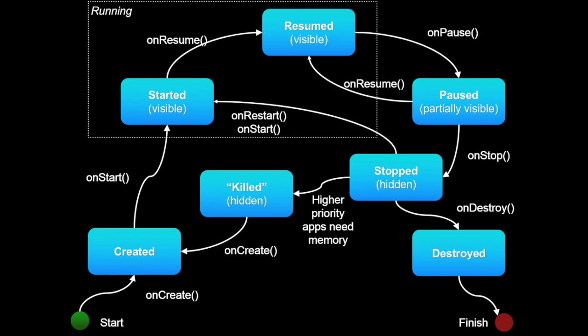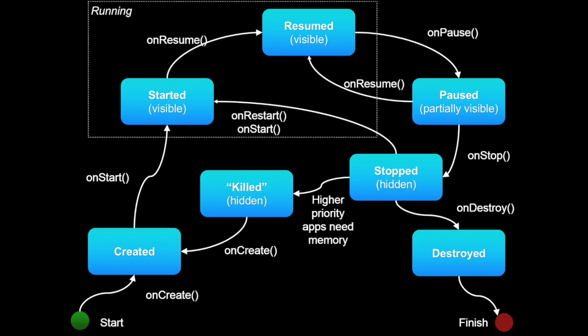If an app is interrupted by some kind of notification, then it'll go into the pause state, and onPause would be called, for example, in that case. If the user brings an app to the foreground from the recent screen, it'll go from stopped to the started state, and on the way to the started state, it will call onRestart and onStart.